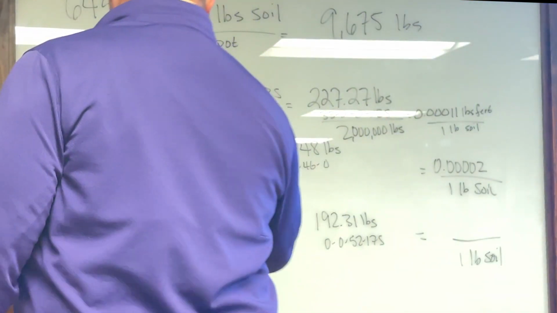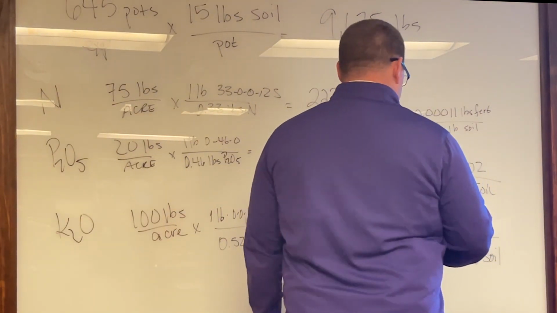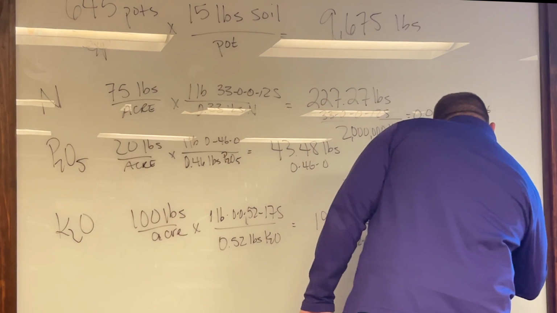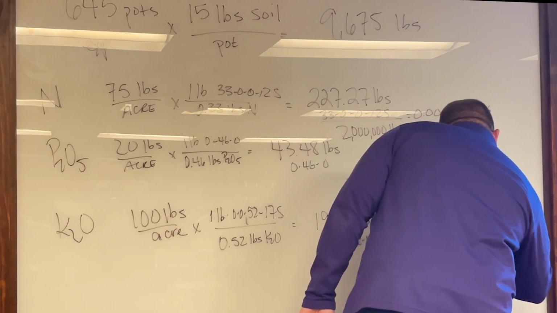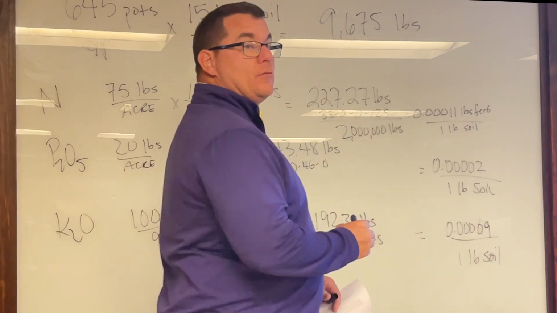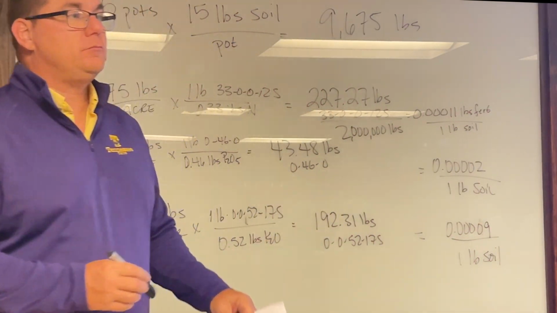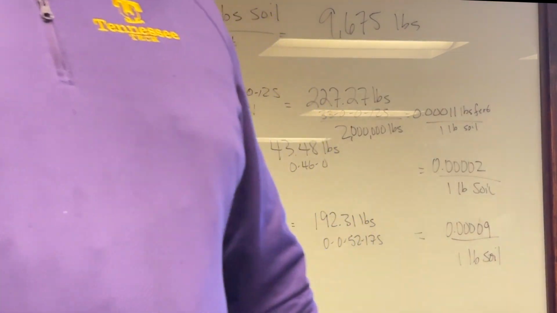All right, what we get for this K2O? 4 zeros. And 9. Is it just rounding? Yeah, it's just rounding.